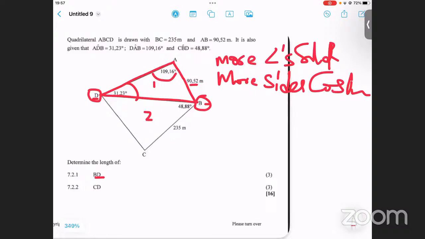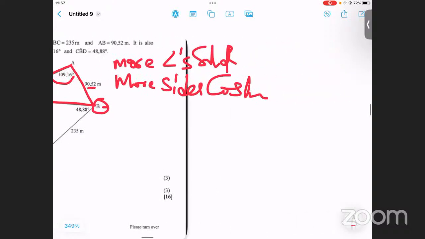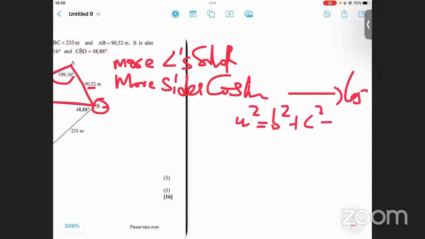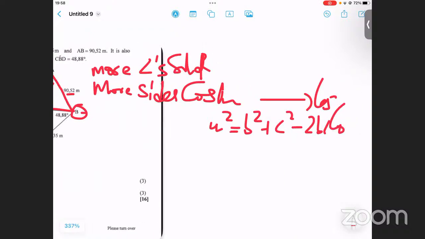Because when you look at the formulas, the cosine rule has only one angle that you need to substitute, and it has too many sides. For example, a squared is equal to b squared plus c squared, minus 2bc cos of, let's say, angle A. You've got a side, a side, a side, and just one angle to substitute. That's why I'm saying the more sides you have, consider using the cosine rule.